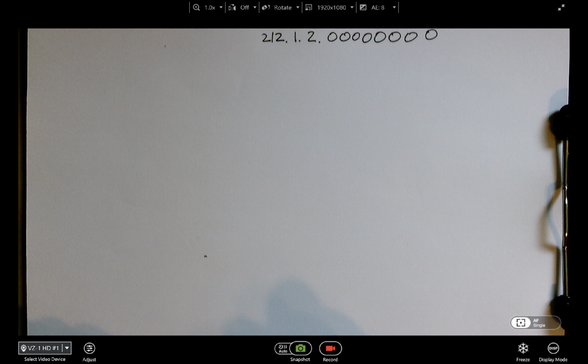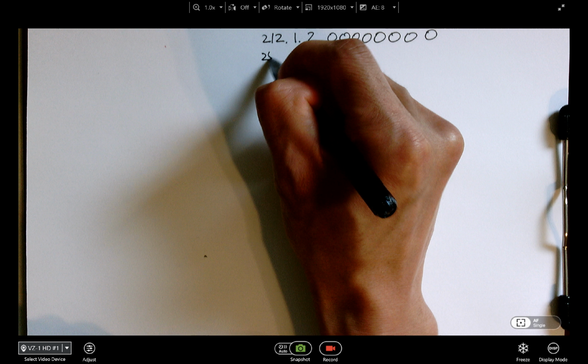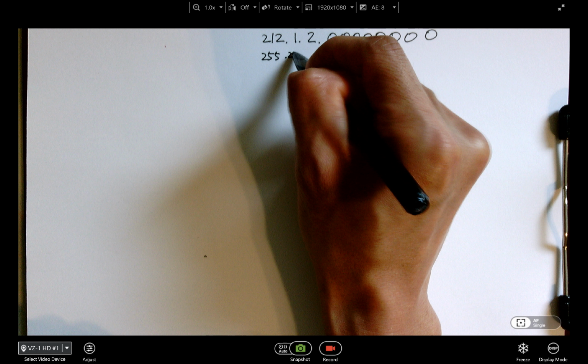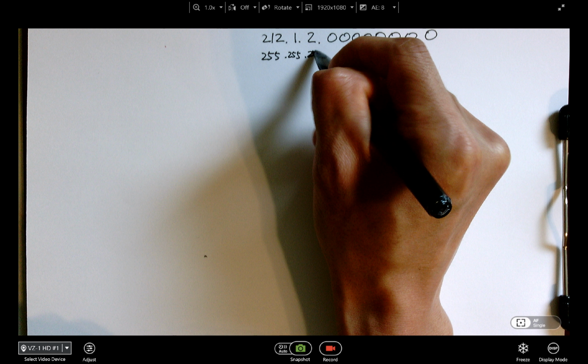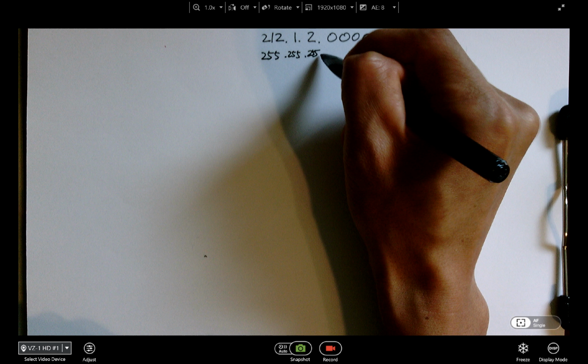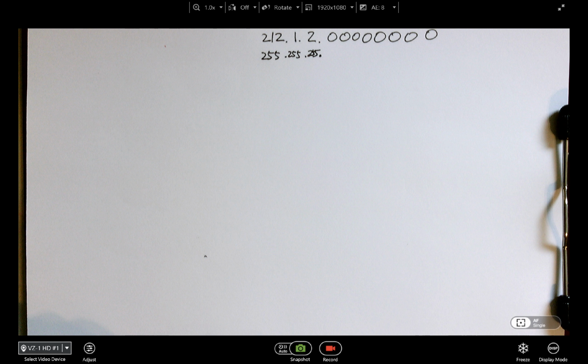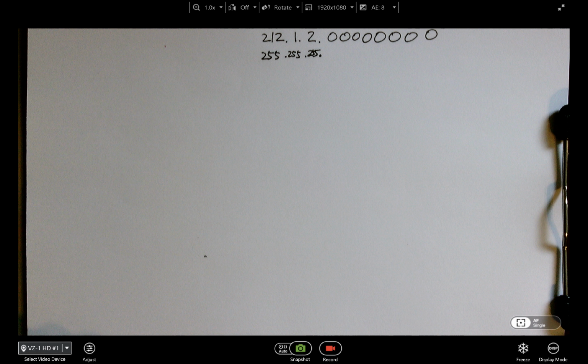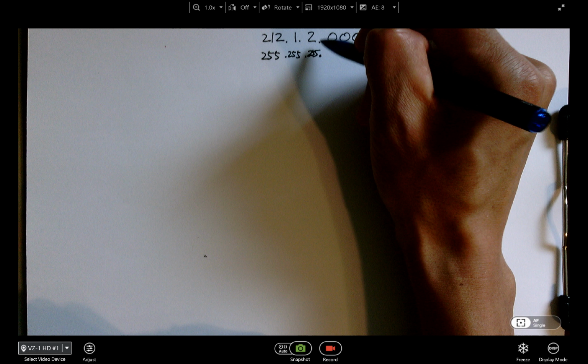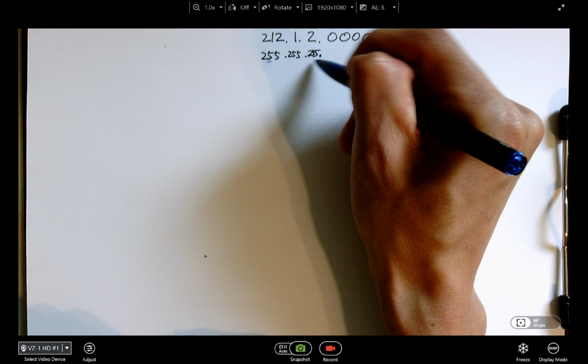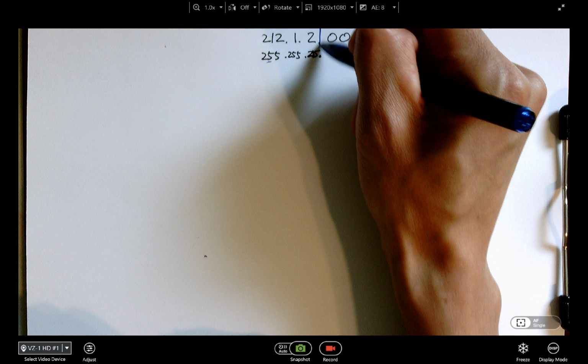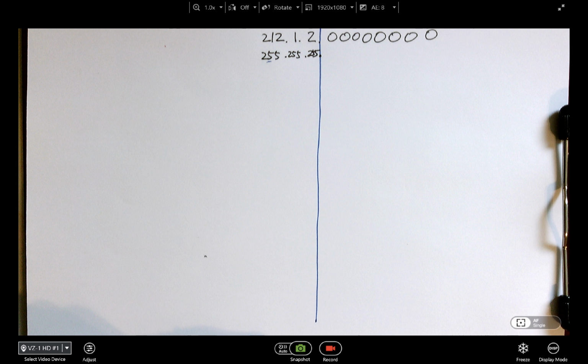And then your default subnet mask is 255.255.255, right? So since it's class C, I'm going to draw the first line here. Since this is my default subnet mask, I'm going to draw the first line, right?